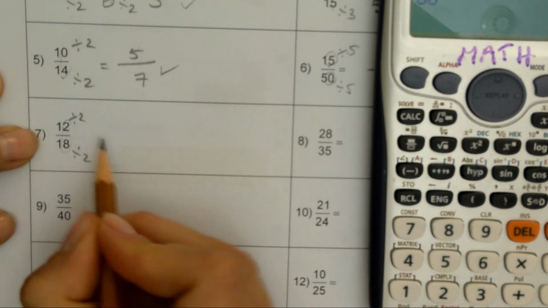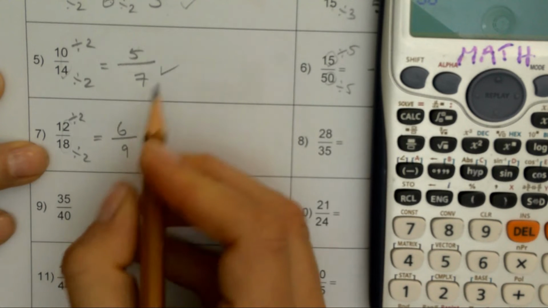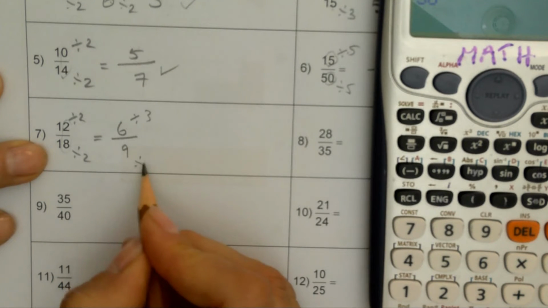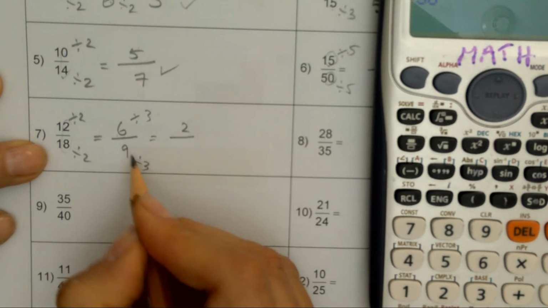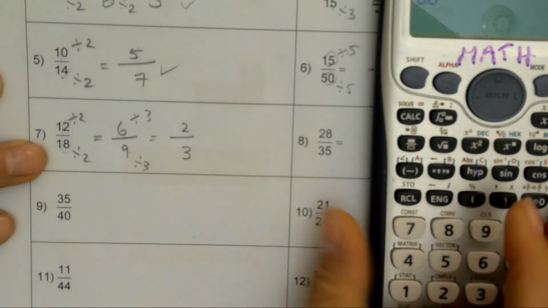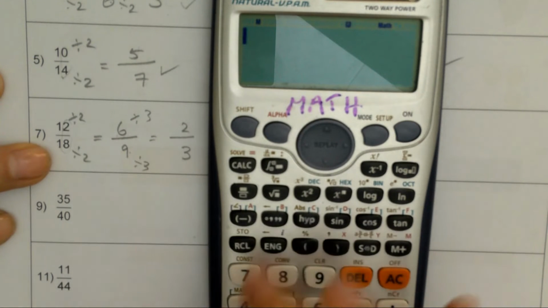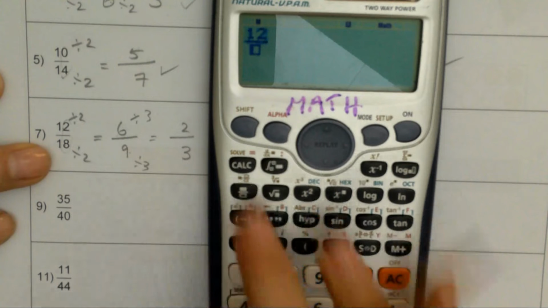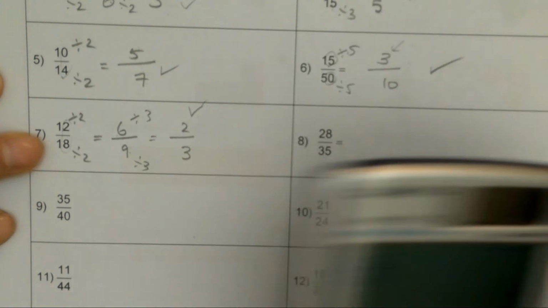So half of 12 is 6, half of 18 is 9. I can divide by 3 now. So 6 divided by 3 is 2, 9 divided by 3 is 3. Good. And that's a prime, I can't go smaller. So 12 over 18. Yes. Good. Let's do the next one.